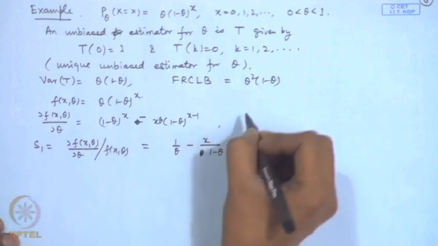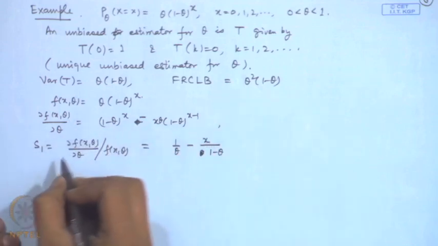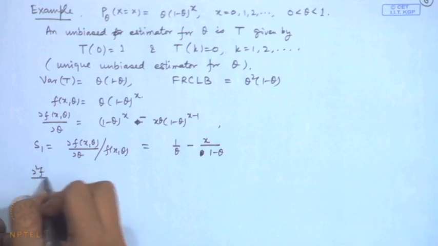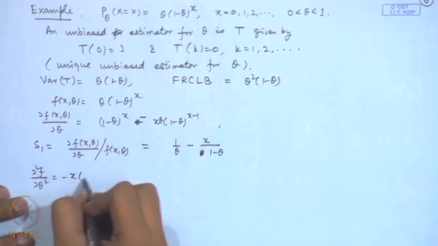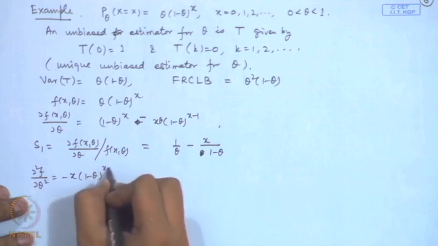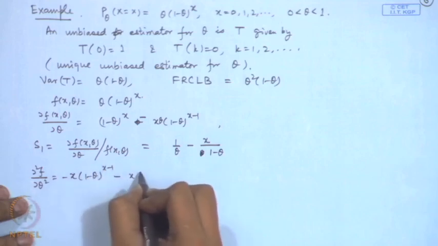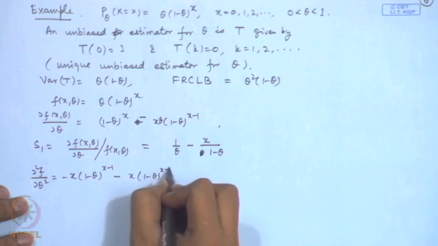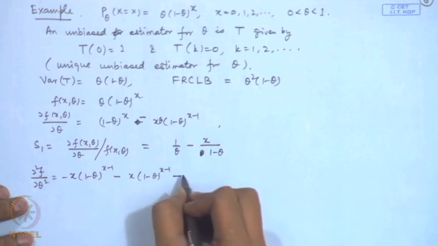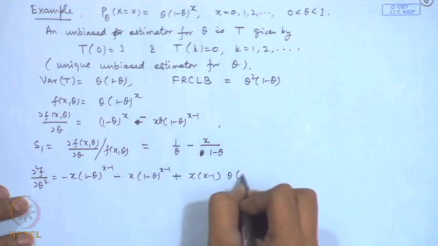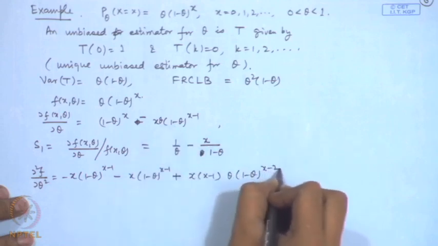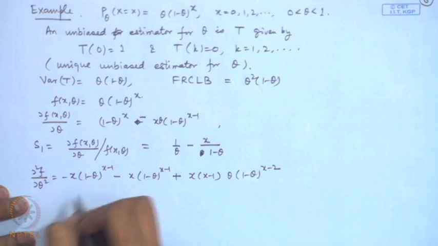Similarly, if we consider the second derivative here, del 2 f by del theta 2, we get x into (1 - theta)^(x-1) minus x into (1 - theta)^(x-1) plus x into (x - 1) theta into (1 - theta)^(x-2). These terms can be combined.